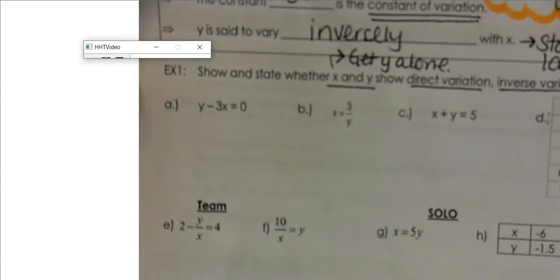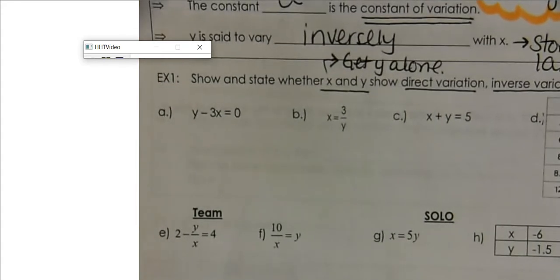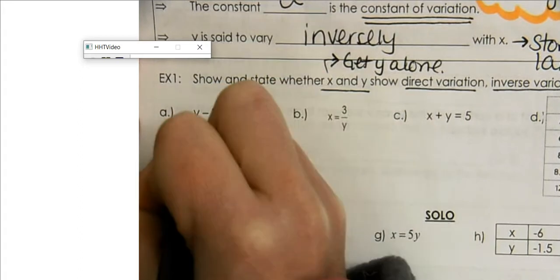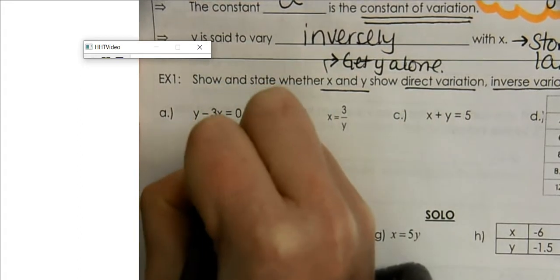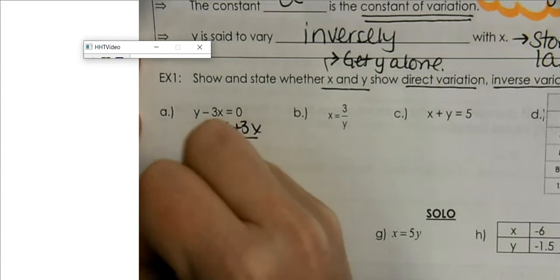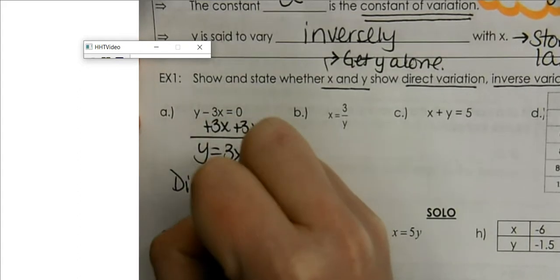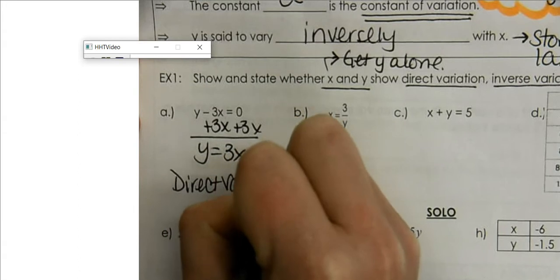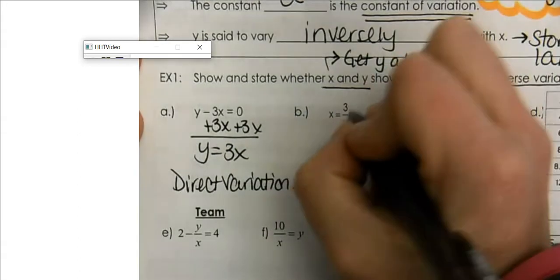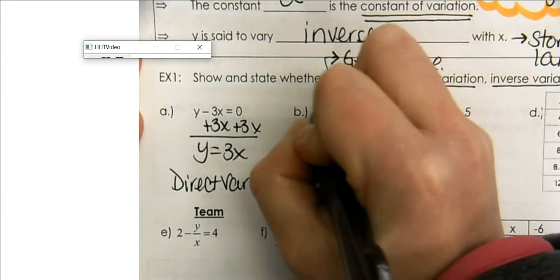Looking at letter A, I'm going to start by adding 3x to both sides. And when I do that, I end up with y is equal to 3x. That is a number times x. That's direct variation. Let's look at letter B. I need to get y alone, so I'm going to start off by multiplying both sides by y.